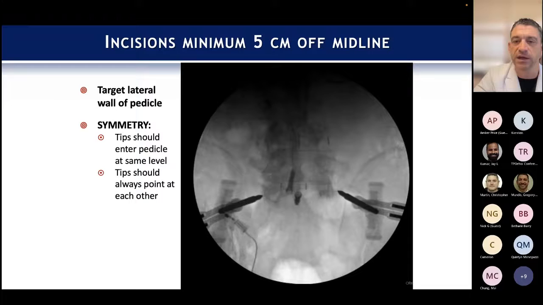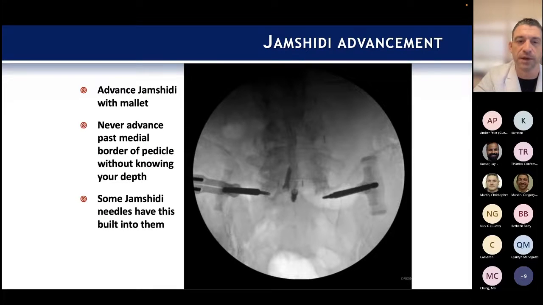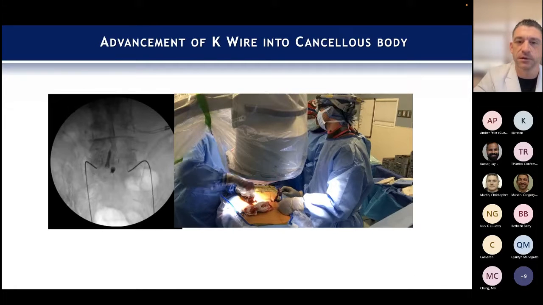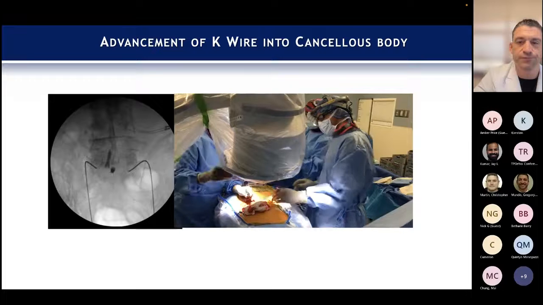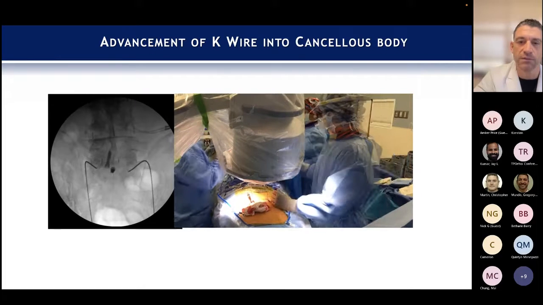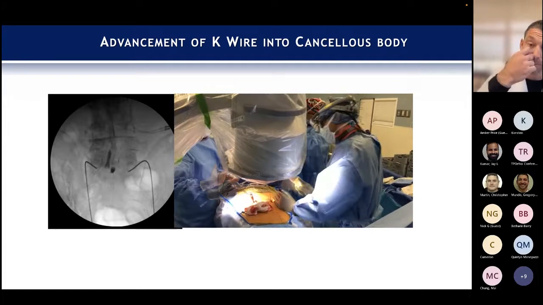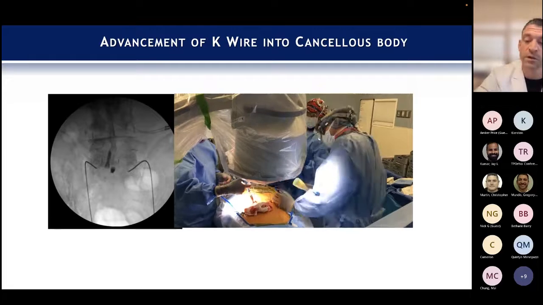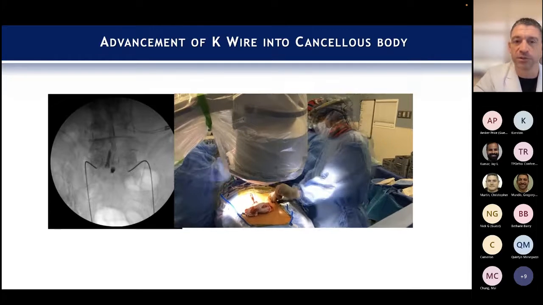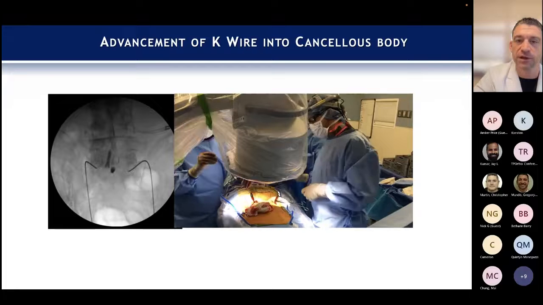It's nice to do these simultaneously so that you're able to see where you're aiming, make sure that they go into the same spot. And when you're using Jamshidi, you can do them simultaneously like this, which is in general nice.